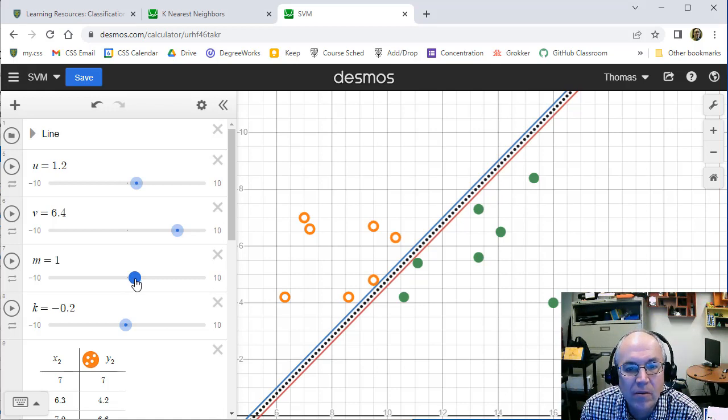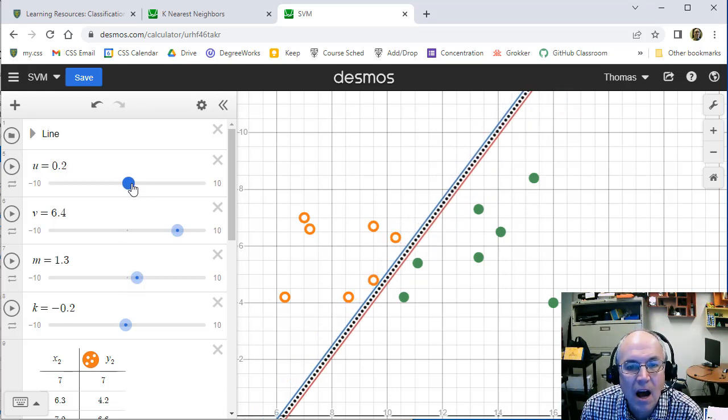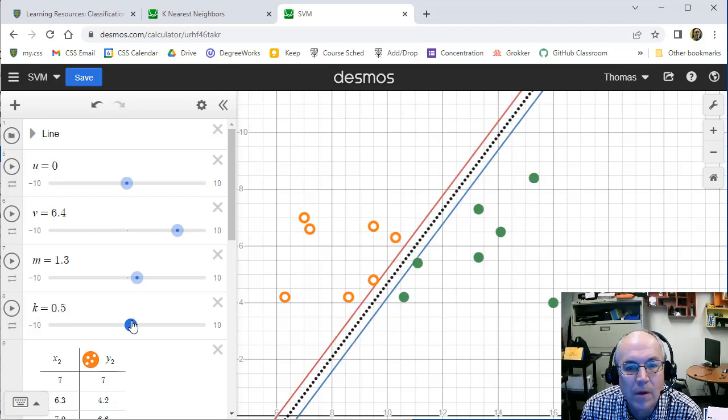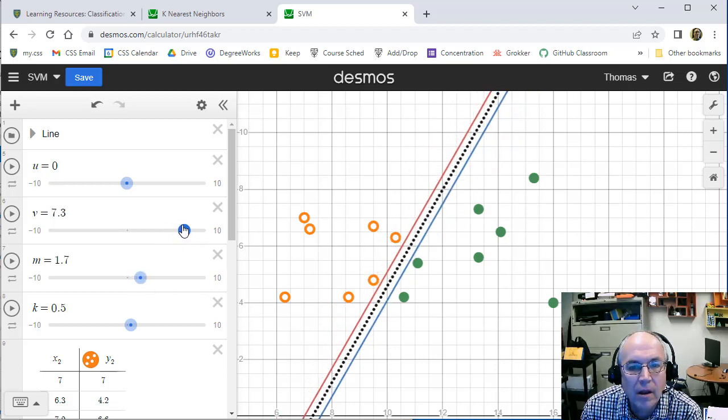But then if we can move this in different ways, we can maybe get a wider one. So now we can widen out the decision boundary some more. So this is a better solution because we have a wider path. And again, maybe we can tweak this some more and move this around so we can get an even wider decision boundary.